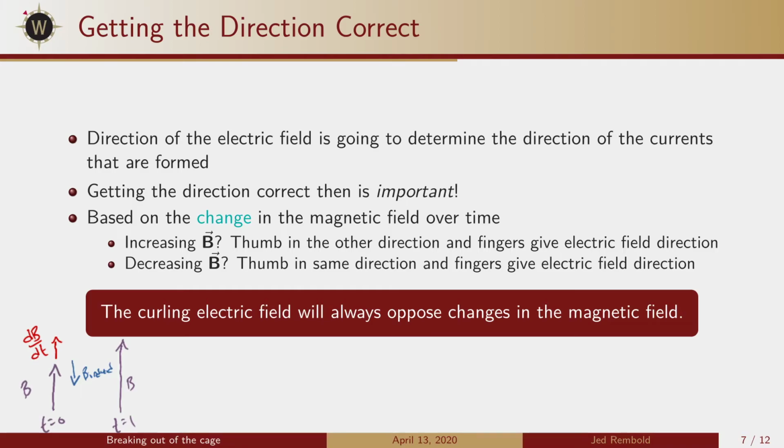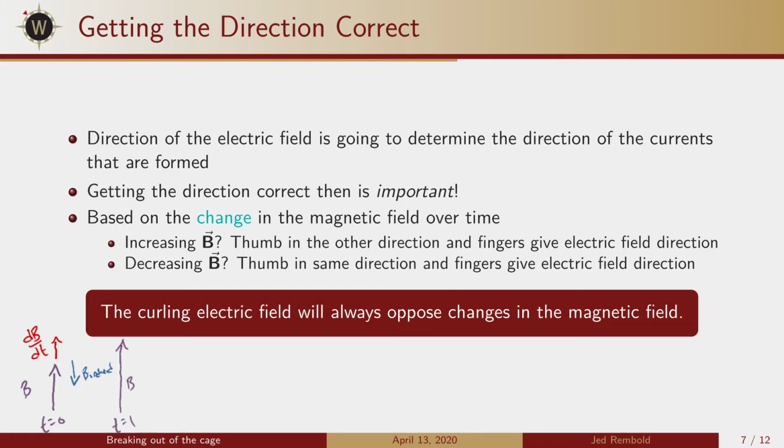Now, where is that B induced going to come from? Well, it's going to come from a little loop of current. It's going to come from a little curling electric field. And what direction is that curling electric field going to point? Well, I know how magnetic fields relate to electric fields. And so I can say, if I point my thumb downwards, because that's the direction of the induced magnetic field, my fingers are going to curl around, in this sense moving to the left in the front and to the right in the back.